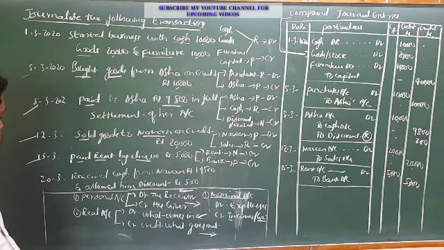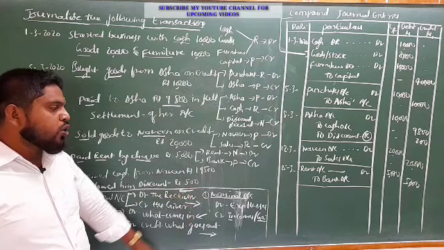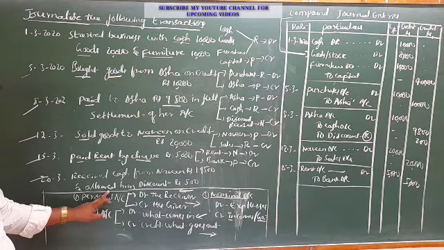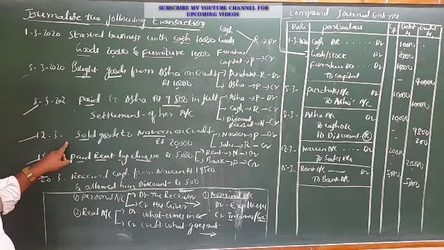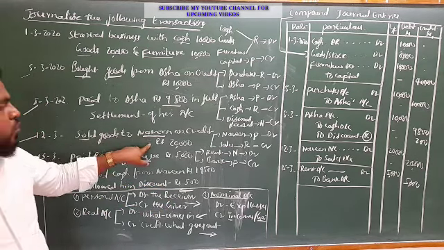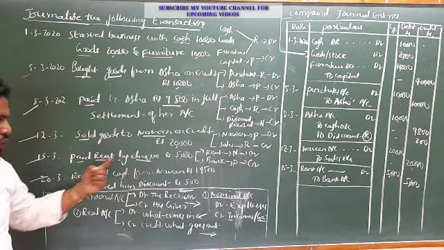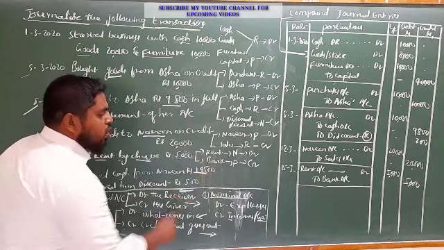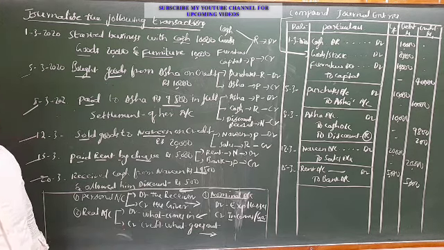Next, last transaction: received cash from Naveen rupees 19,500 and allowed him discount rupees 500. See here, we have supplied the goods to Naveen worth rupees 20,000, but we have received only 19,500 and the remaining 500 is a discount, that is discount allowed.